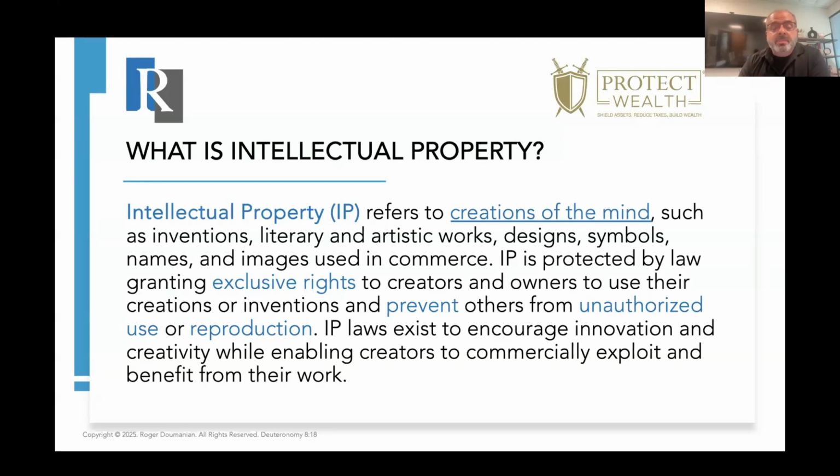IP is protected by law, granting exclusive rights to creators and owners to use their creations and inventions and to prevent others from unauthorized use or reproduction. IP laws exist to encourage innovation and creativity while enabling creators to commercially exploit and benefit from their work.